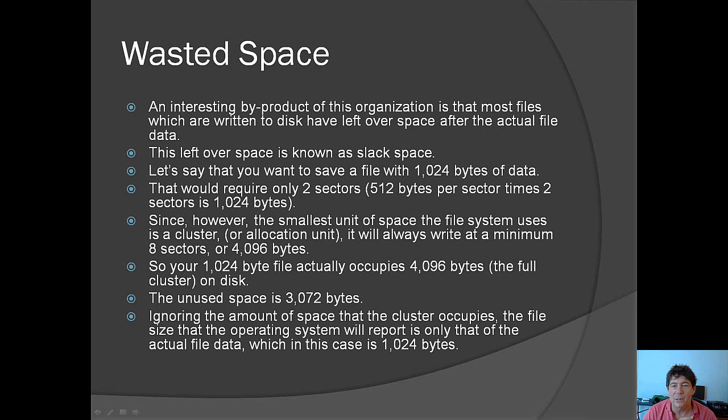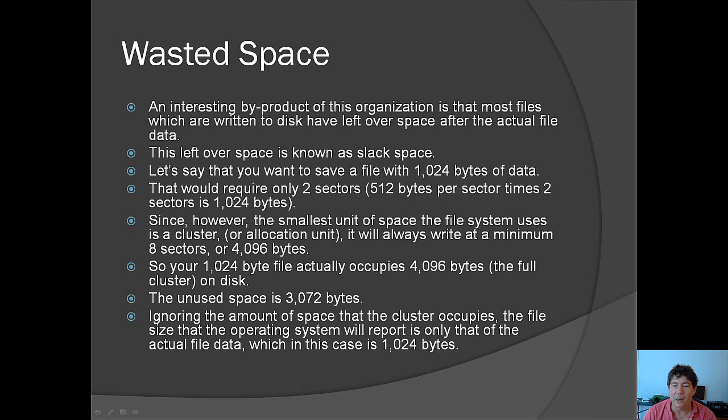Since the smallest unit of space the file system uses is a cluster, it will always write a minimum of 8 sectors or 4096 bytes. Of course, unless it's a resident file, which we've already talked about. So your 1024 byte file actually occupies 4096 bytes on the disk. The unused space is 3072 bytes. Lots of space for black hats, or even enterprising white hats to hide stuff.